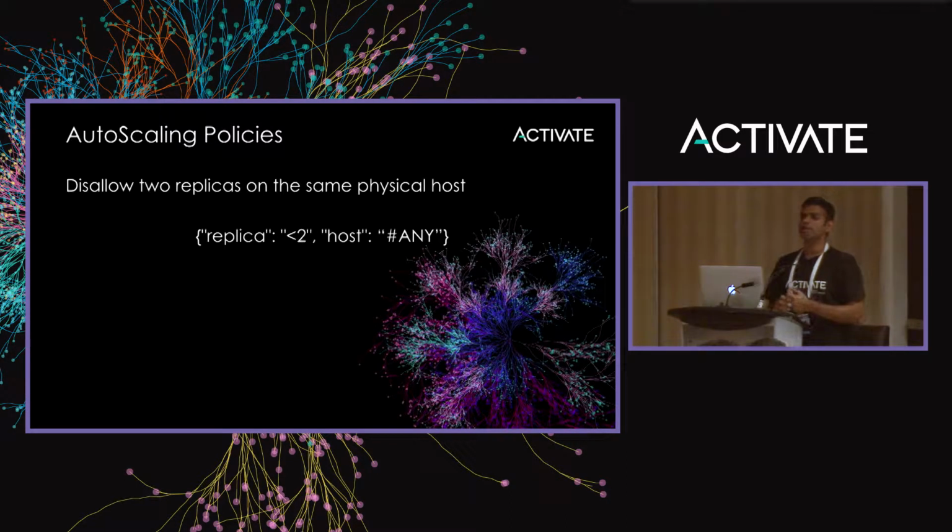The fourth rule is about the fact that in today's world, a lot of users are spinning up multiple JVMs on the same physical machine. But if the machine goes down, all your replicas of that shard go down. So it's not really providing you redundancy in the terms you thought it would. Here, Solr already knows your host name when you start up Solr. It knows the IP address.